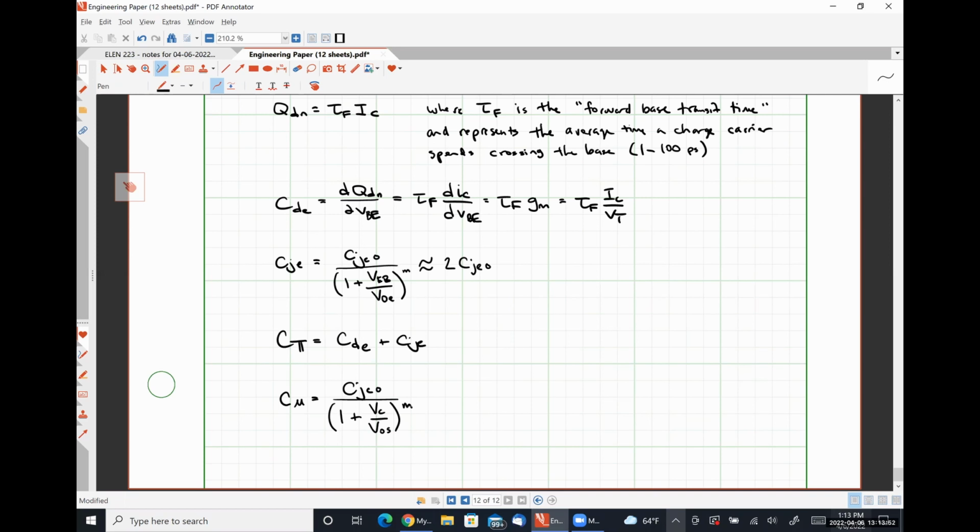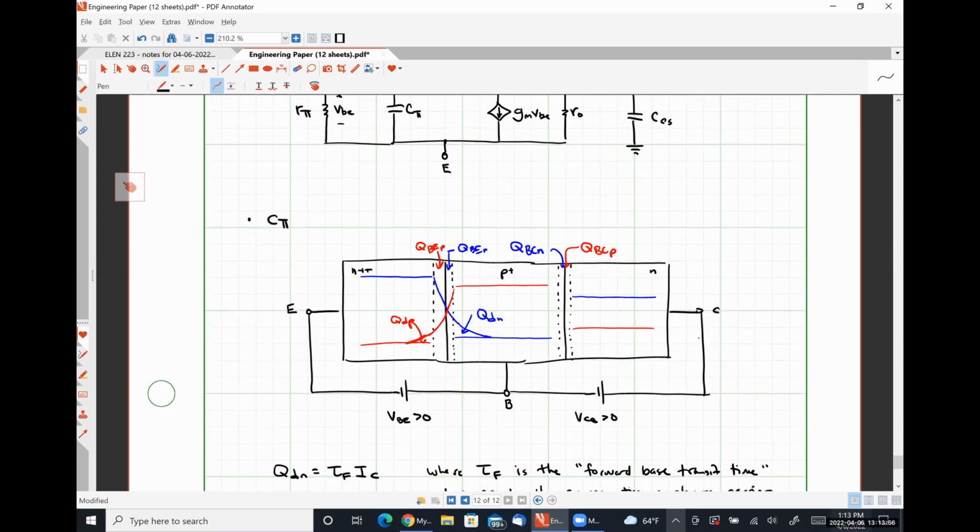Okay. So C mu occurs because we have this charge stored, which depends on this voltage VCB. So we've got 2 out of the 3 taken care of.